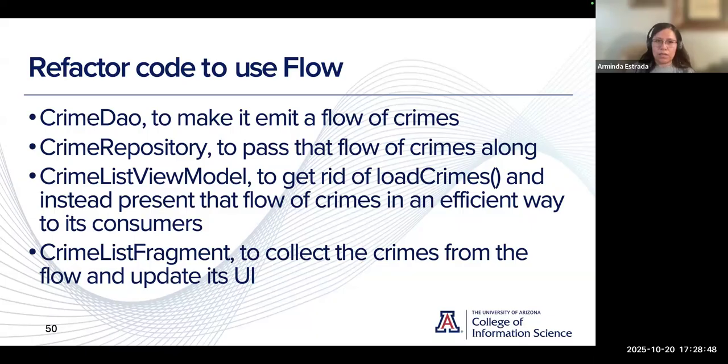In the crime repository, we have to pass that flow of crimes along. And in the list view model, we have to get rid of the load crimes and instead present that flow of crimes in an efficient way to its consumer. We're also going to edit the crime list fragment to collect the crimes from the flow and update the user interface.